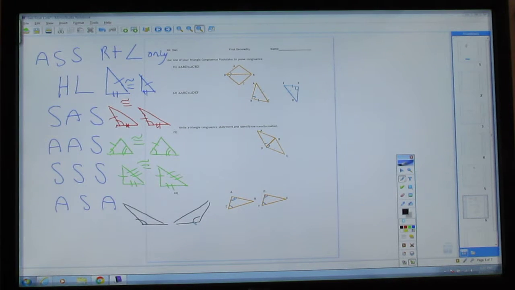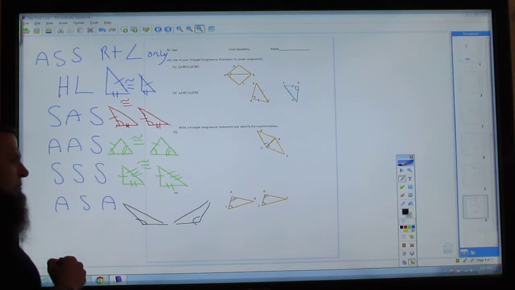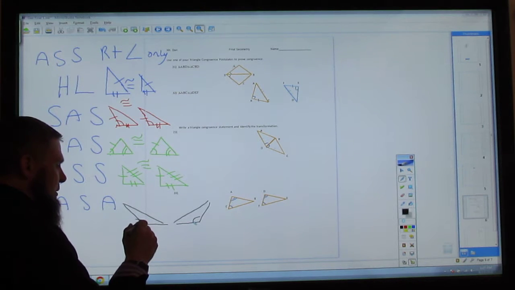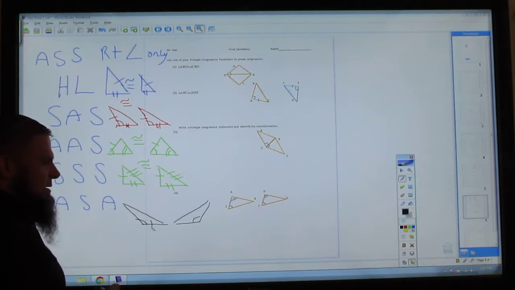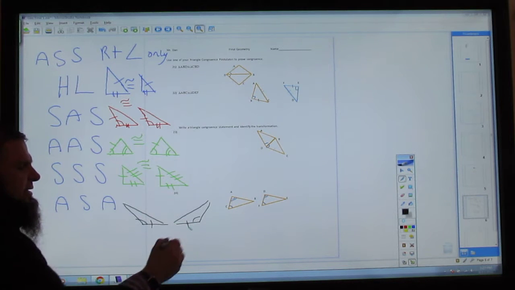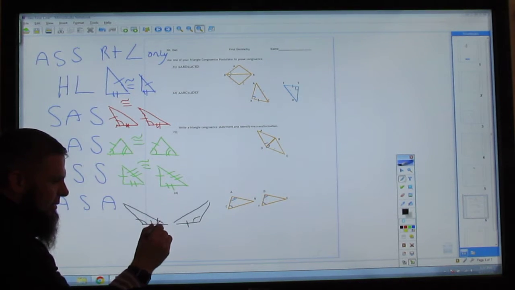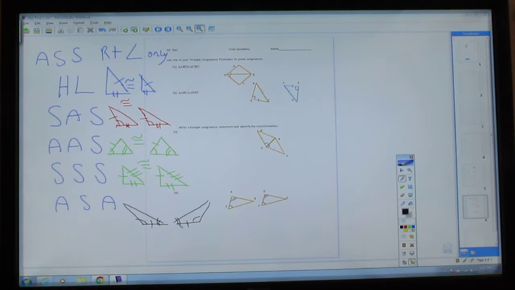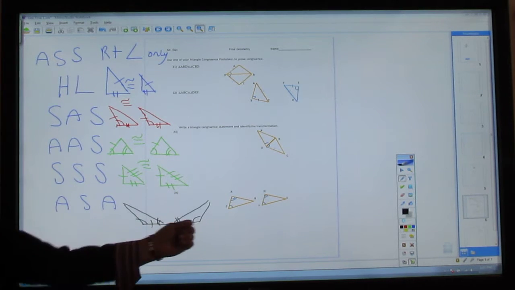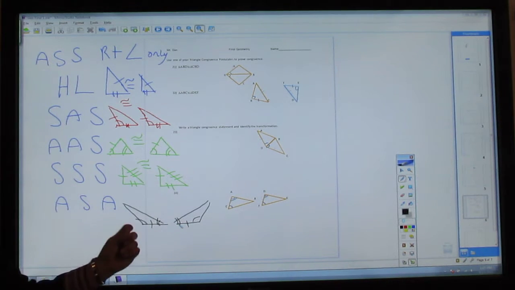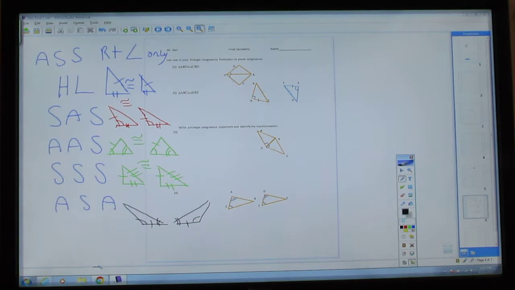Right? And then side. Let's go this side. Well, that would have to be congruent to this side, right? And then the angle would be this. You see how those are angle, side, angle. Angle, side, angle. And that's how we know that they're congruent.